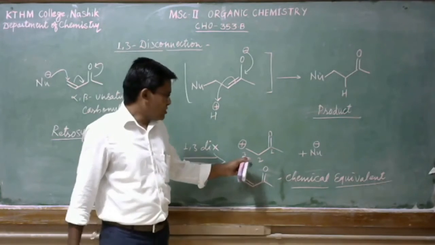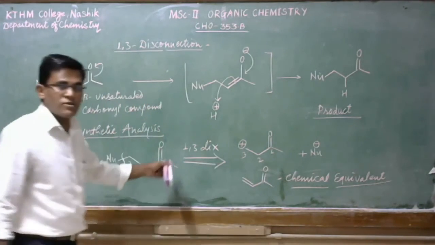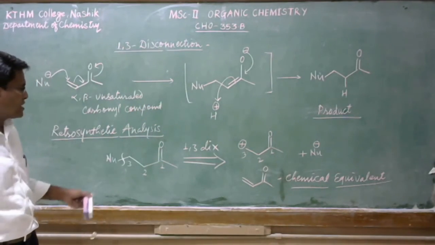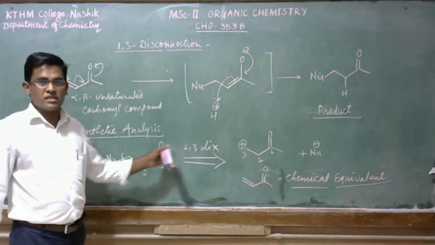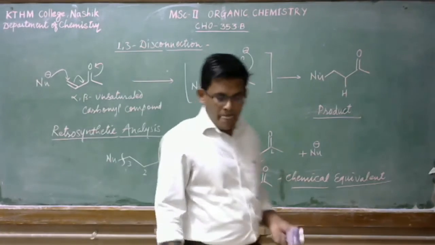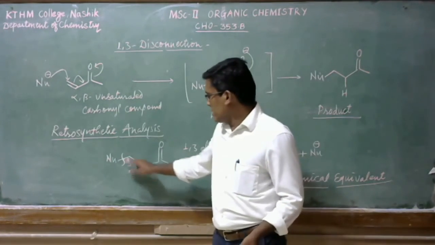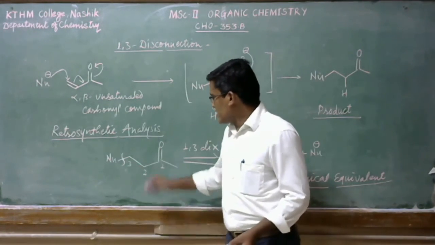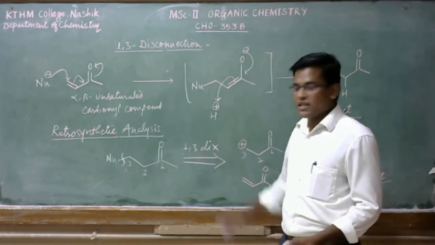Okay, so that's why this disconnection is known as one-group disconnection, because this nucleophile is attached at the third carbon. Okay, and this disconnection is known as one-group disconnection.